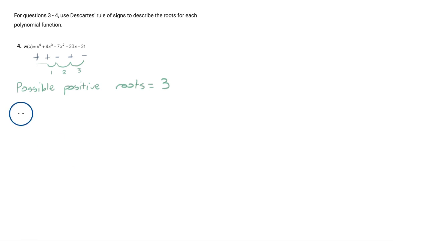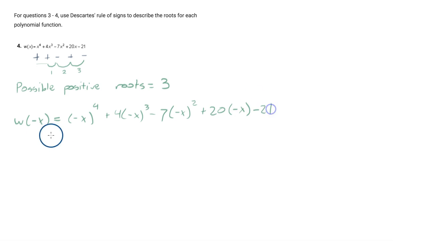For our possible negative roots, we need to take W of negative x. So if we do that, we're going to just replace every x with negative x. And we're going to get, with even exponents, the sign staying the same, with odd exponents, the sign changing.